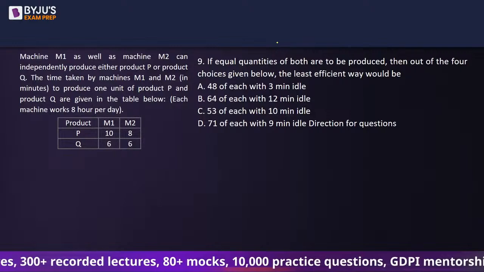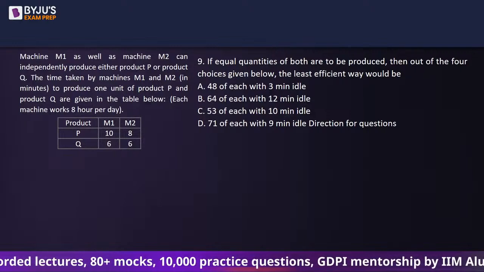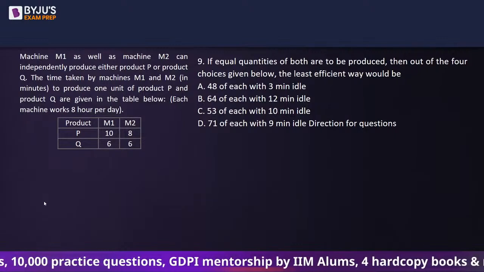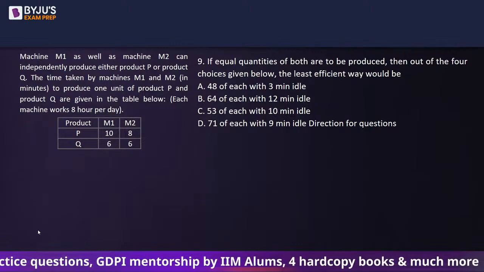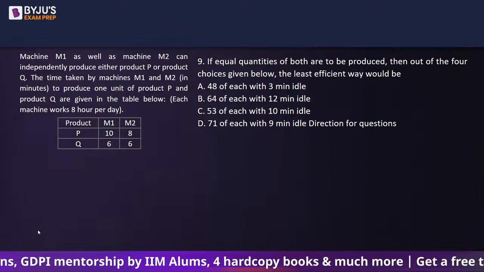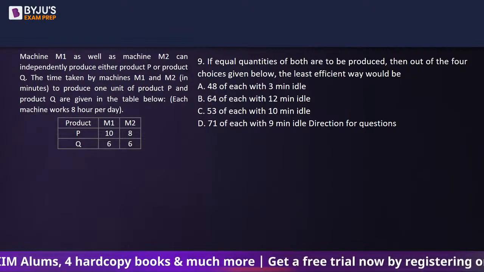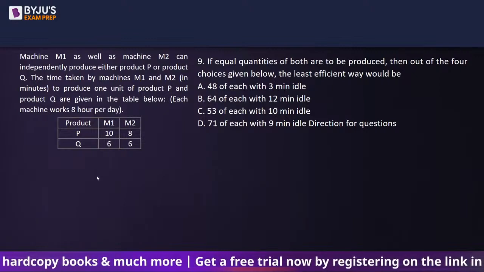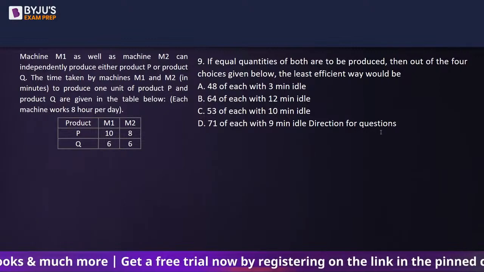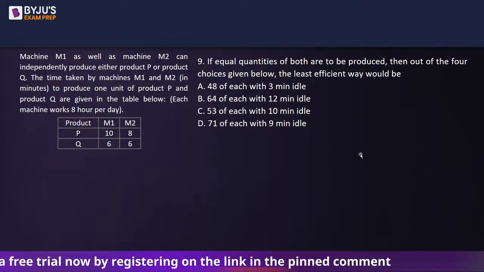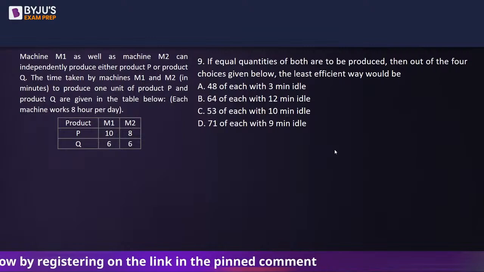Okay, next question. If equal quantities of both have to be produced, then out of the 4 choices given below, the least efficient way would be, least efficient way. This came up here by mistake. Least efficient way.